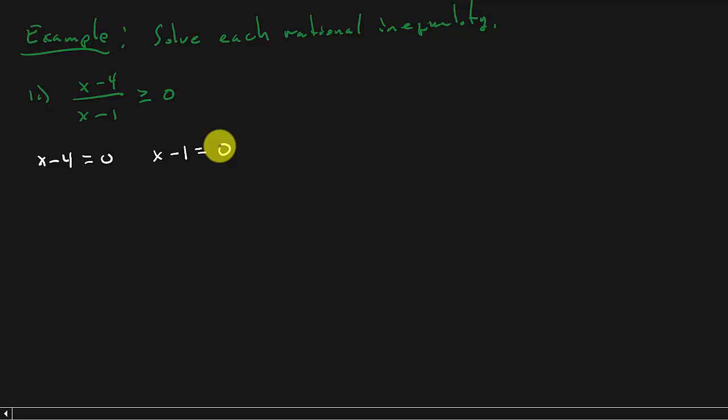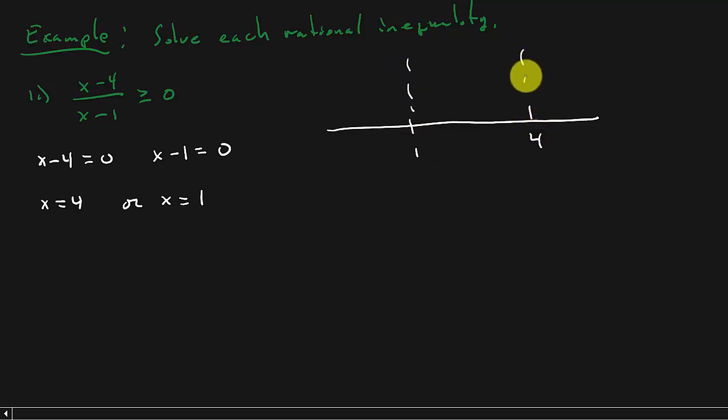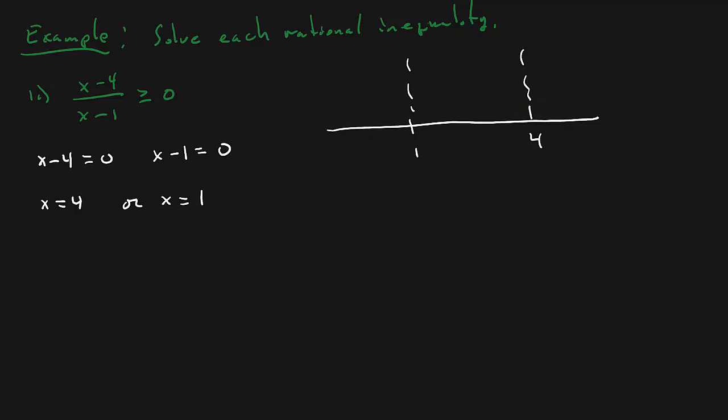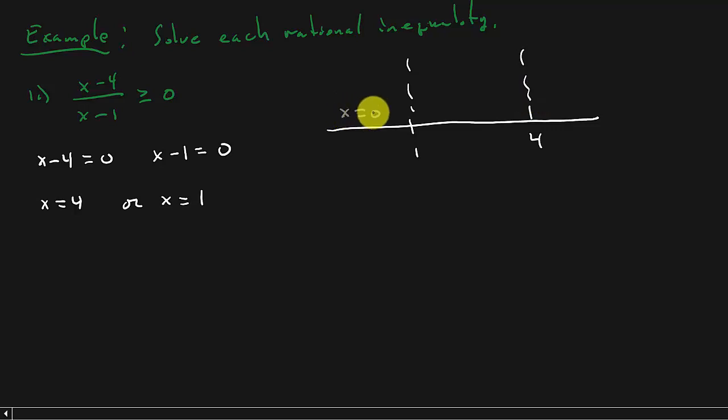And so we've got x equal 4 or x equal 1. And now it's just like what we did before. We set up a number line. And so we're going to have, let's see, how about x equals 0, x equal 2, and x equal 5.